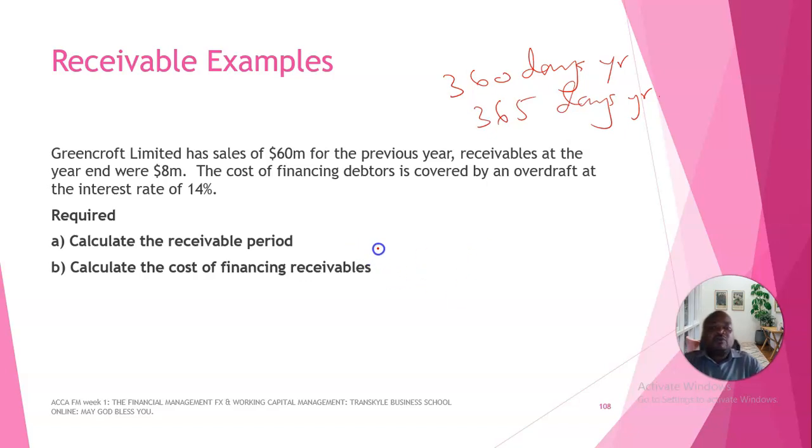All right, so let us assume it is a 365 day year. In that case, we can calculate our receivables period as the receivables, the credit sales or the receivables over the total credit sales, multiplied by 365 days.